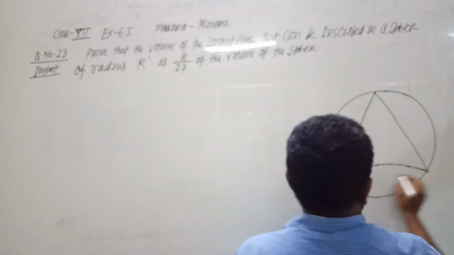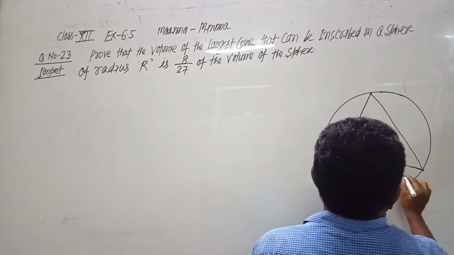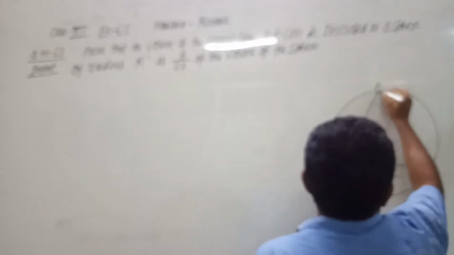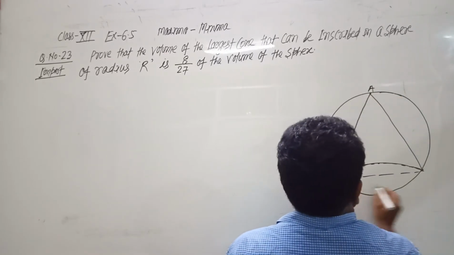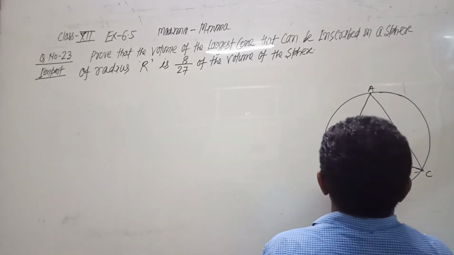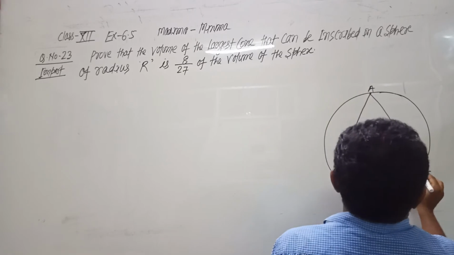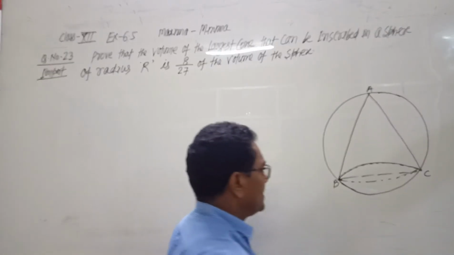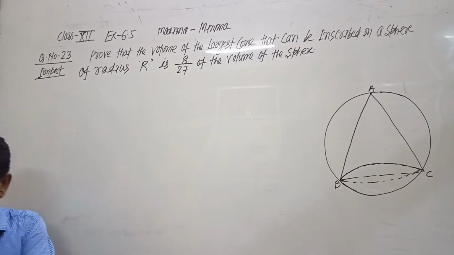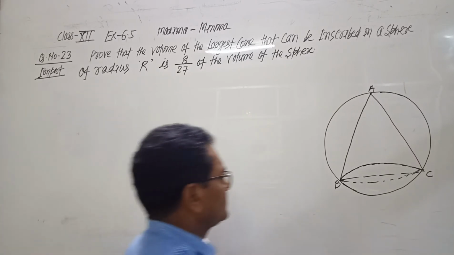ABC is a cone which is inscribed in a sphere.